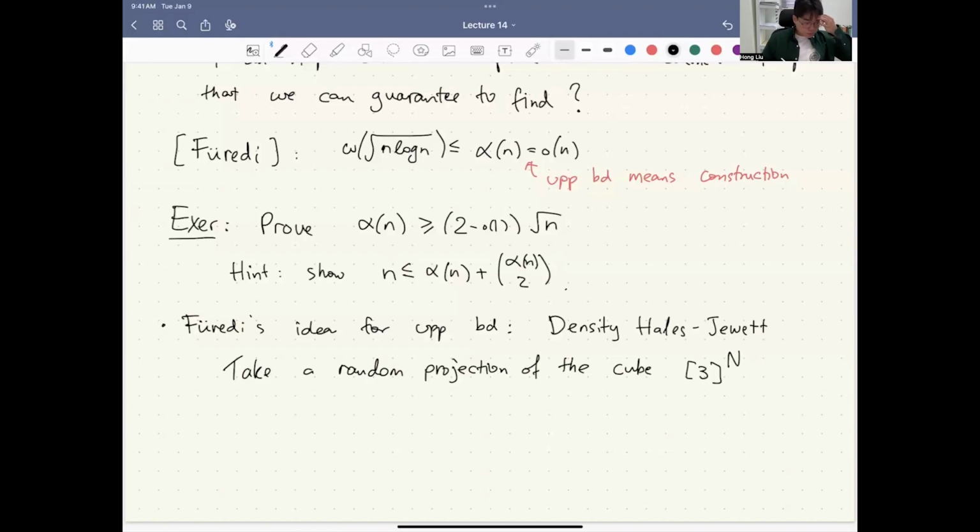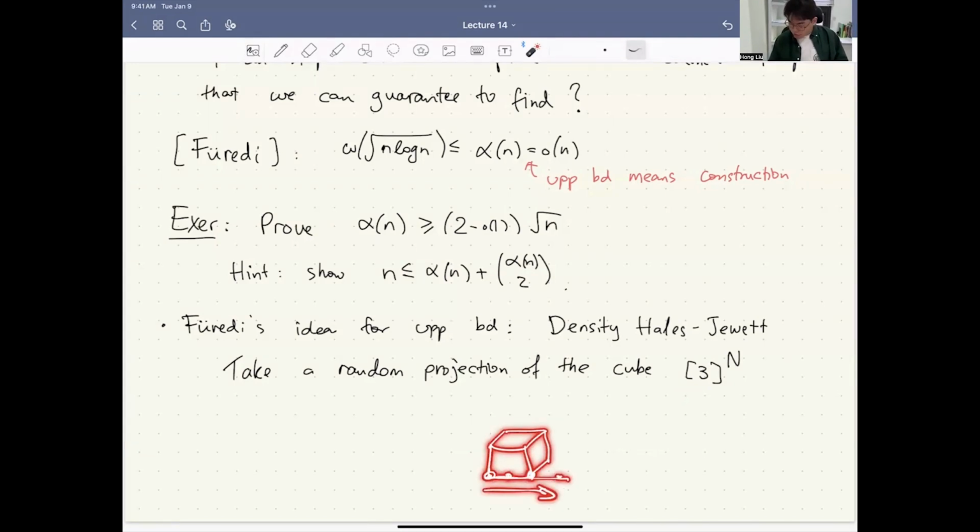Okay. This original set obviously has no 4 points on a line because this is a hypercube, where in each direction you can only go 3 steps, right?